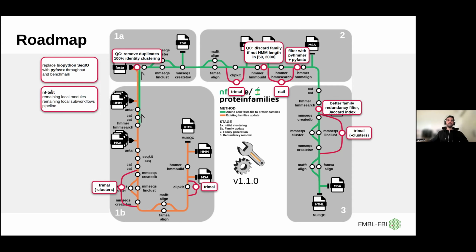Also, we need to add NF tests for the remaining local modules and local sub workflows, as well as for the whole pipeline. And finally, we aim to create a new workflow that will allow, if the user inserts HMMs and MSAs from previous executions, to merge families in the future.